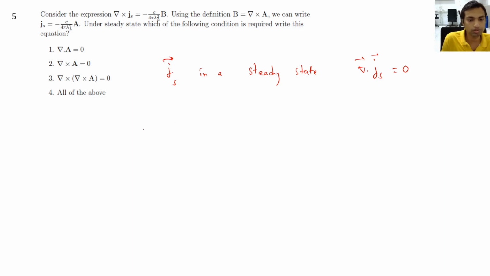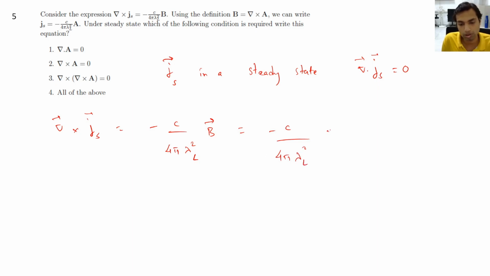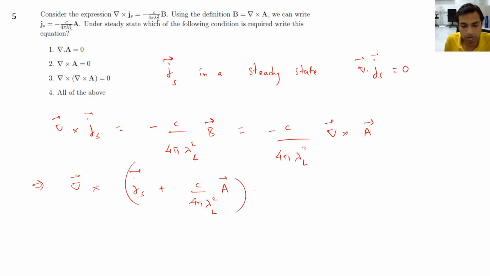Let us start with the given expression: curl of Js is equal to minus C over 4 pi lambda L square times B. We use B equal to the curl of the vector potential A, giving minus C over 4 pi lambda L square times curl of A. Now we can rearrange and write it under a single curl, which equals 0.